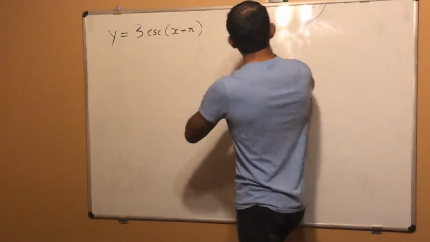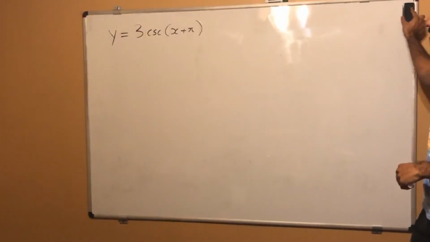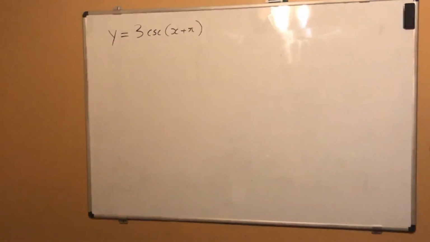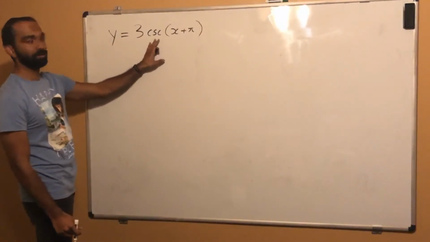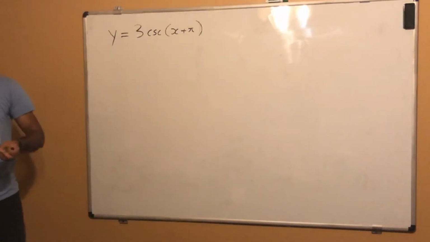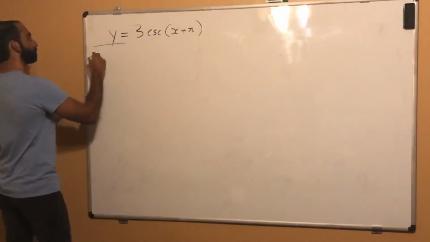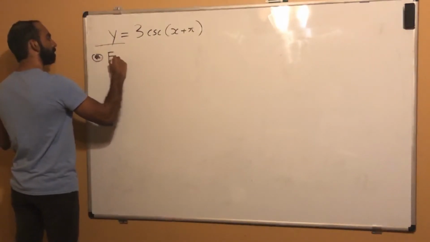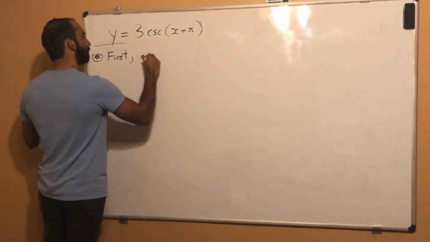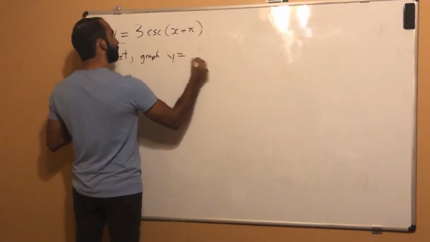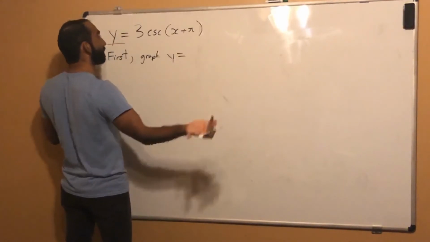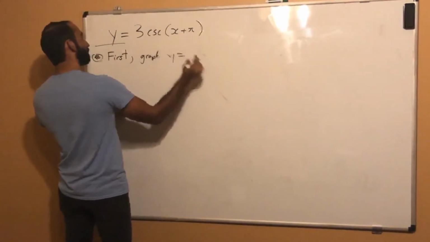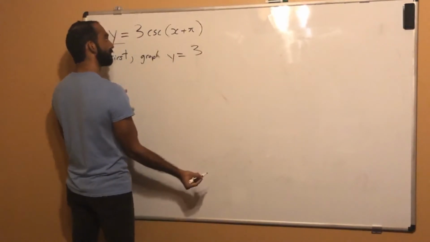Horizontal shifting. And look, guys, when you get comfortable with horizontal shifting, you can just skip ahead and adjust the graph like that. But I want us to do it the other way, which is, anytime you're dealing with graphing cosecant of some stuff or secant of some stuff, all you have to do is first graph the complement, the supplement, whatever, of this function, which is 3 times what?